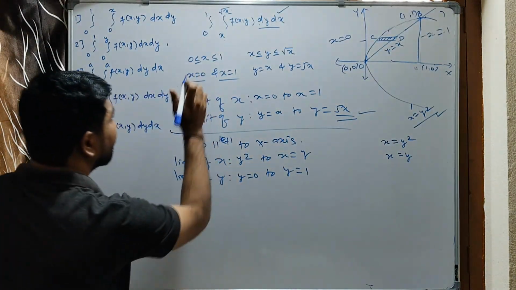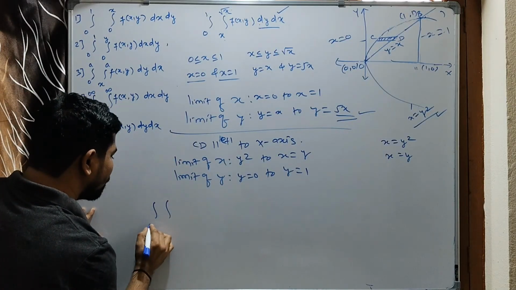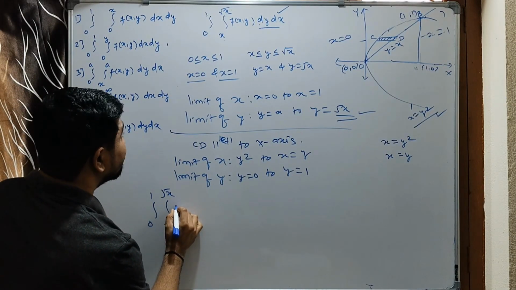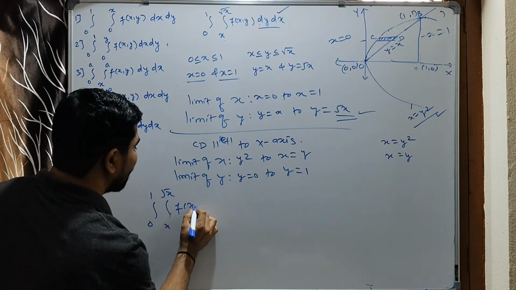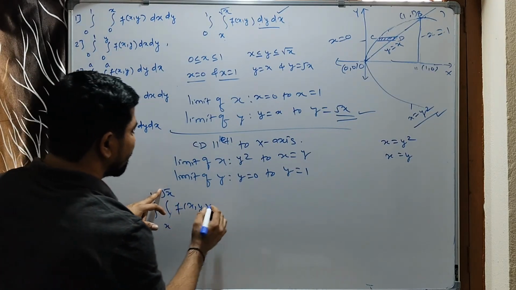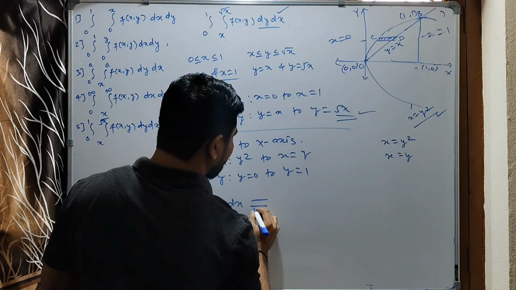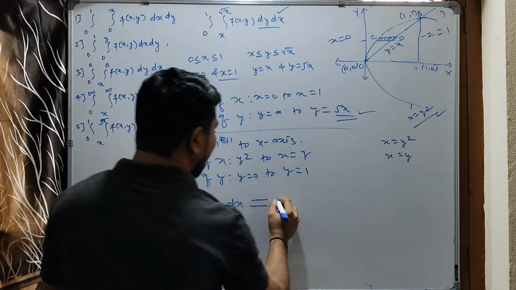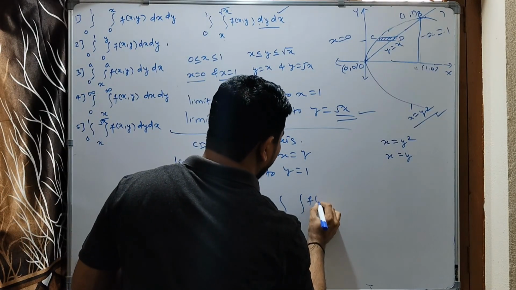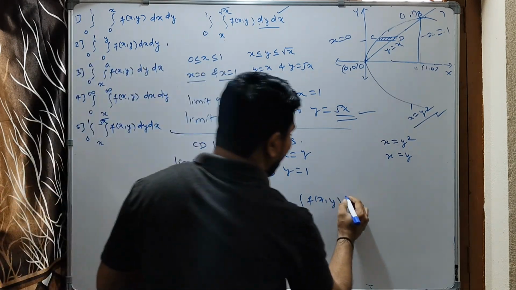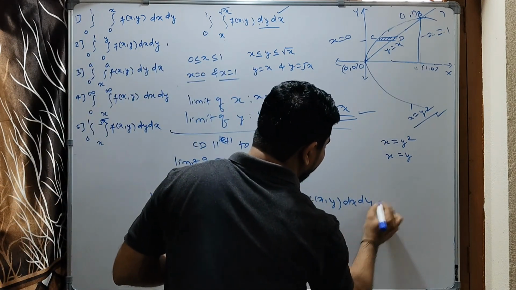Therefore, after changing the order, the integral 0 to 1, x to root x of f of x comma y, with limits in terms of x variable, dy and then dx, I want to write as dx and then dy.